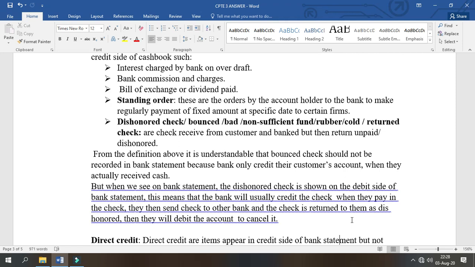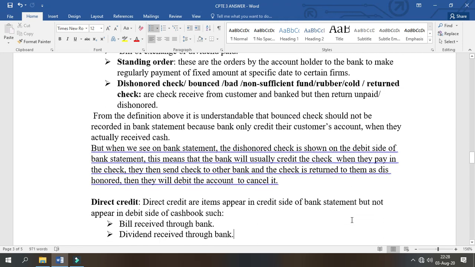Direct credits are items that appear on the credit side of a bank statement but not on the debit side of the cash book. For example, bills received through the bank or dividends received through the bank.